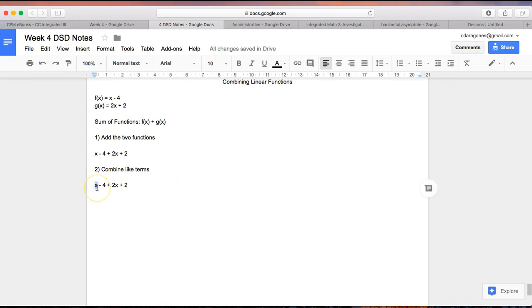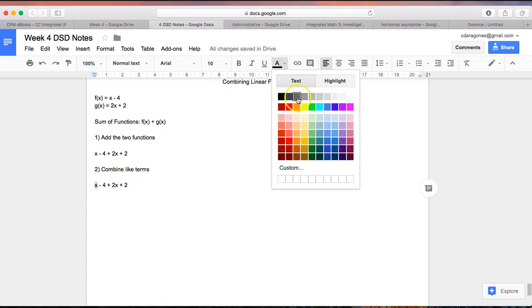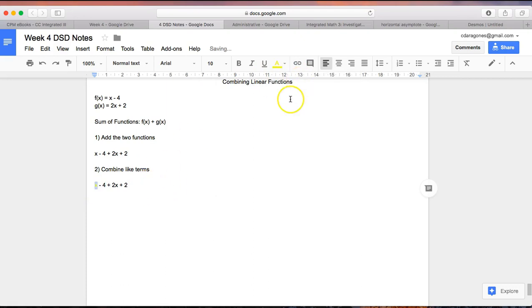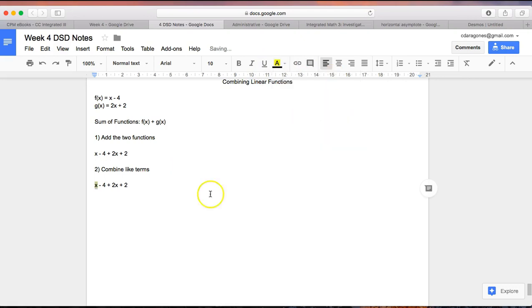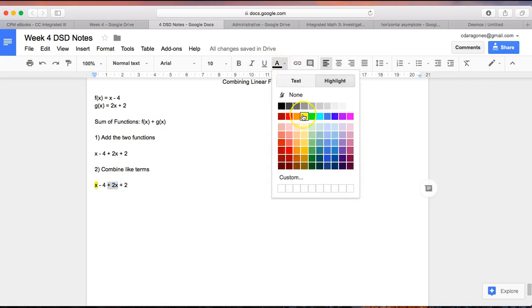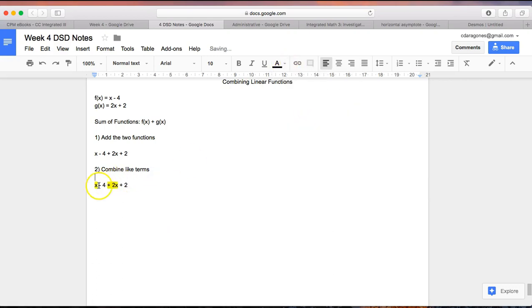This has an x in it, and then plus 2x also has an x in it. And then I have two numbers, minus 4 and plus 2. So hopefully this is familiar from your Algebra 1 class.